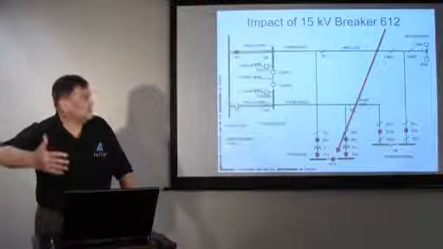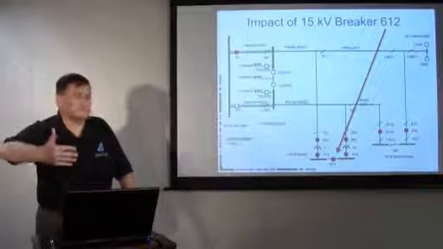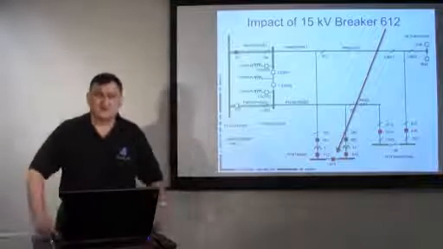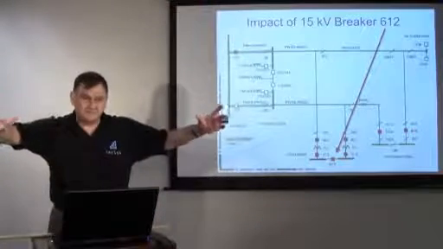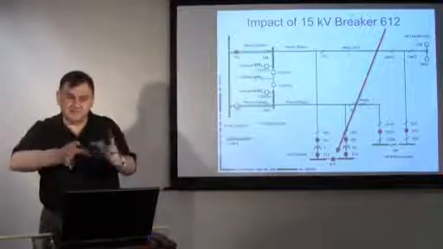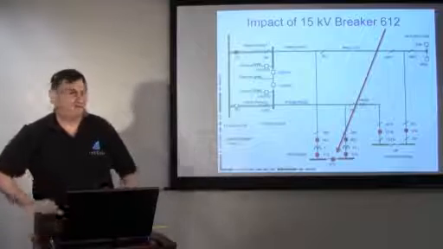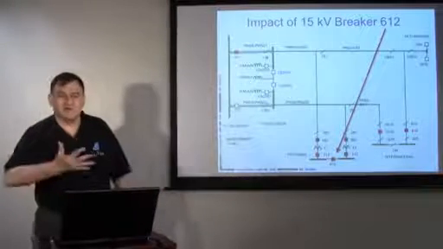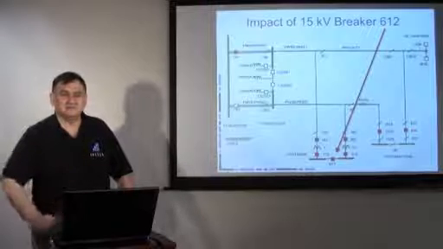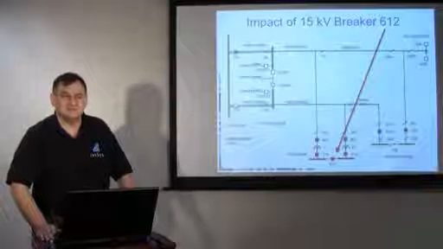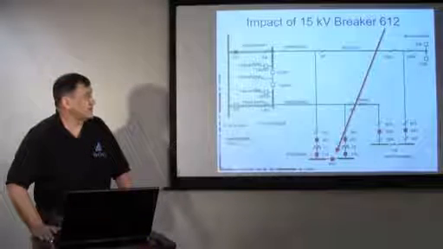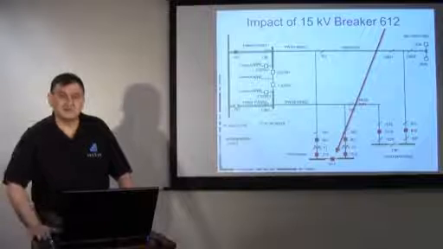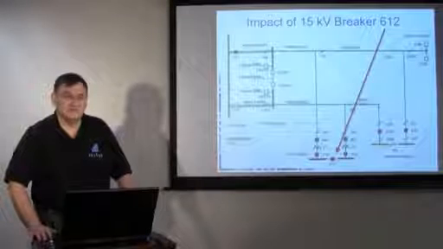But again, this is the issue of situational awareness, and we go over this over and over again. You've got to have the big picture view, but you've got to zoom in and understand the detail. That one little, quote, insignificant breaker at a 15 kV level can cause a major amount of damage to equipment. So that's why we keep encouraging our customers to keep modeling down to lower and lower levels of detail.